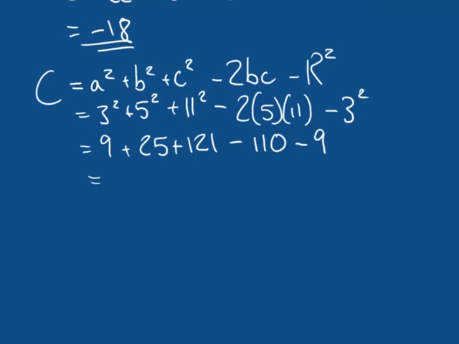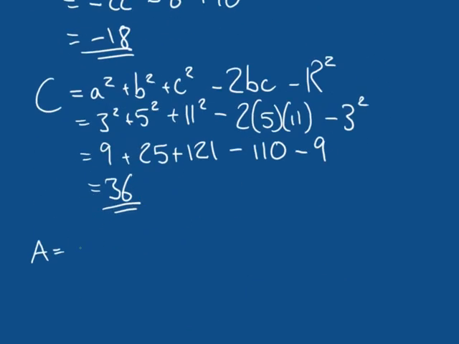Minus 110 is 45, minus 9 is 36. So C is equal to 36. So again, A here is equal to 2, B is equal to minus 18, and C is equal to 36.